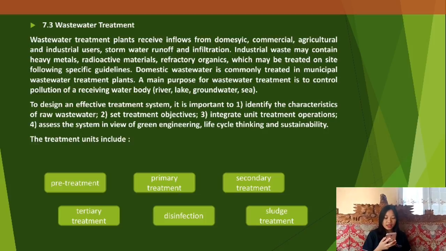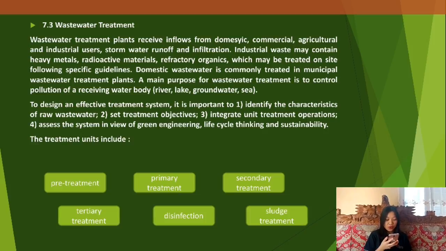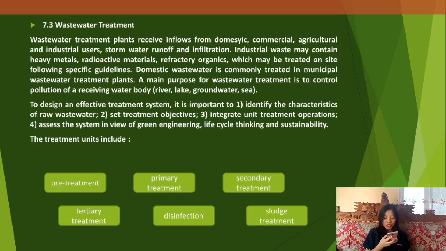To design an effective treatment system, it is important to: 1. Identify the characteristics of raw wastewater. 2. Set treatment objectives. 3. Integrate unit treatment operations. 4. Assess the system in view of green engineering, life cycle thinking, and sustainability.